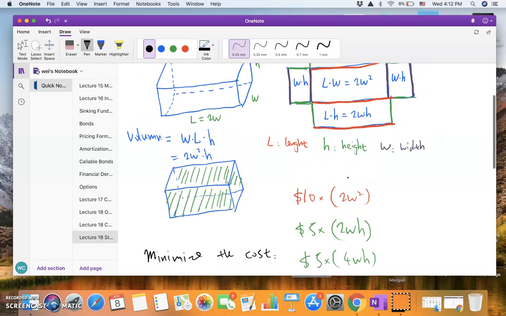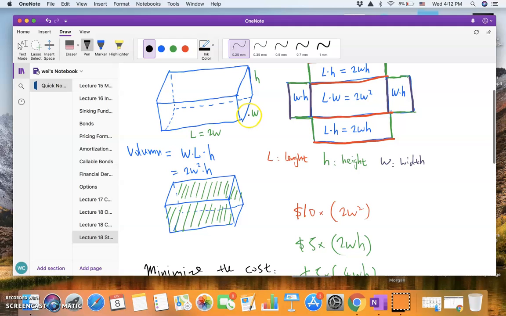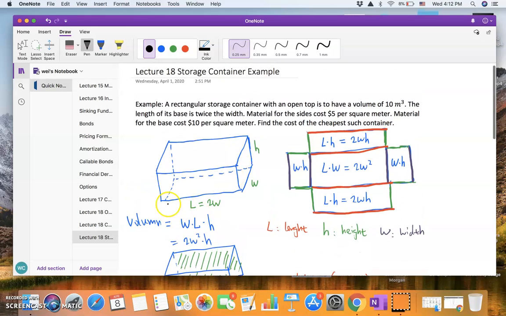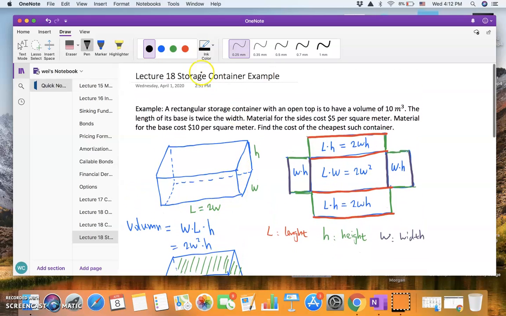And it can be as big as possible, because if the width is very big, the height will be very thin, and also the length will be very short.